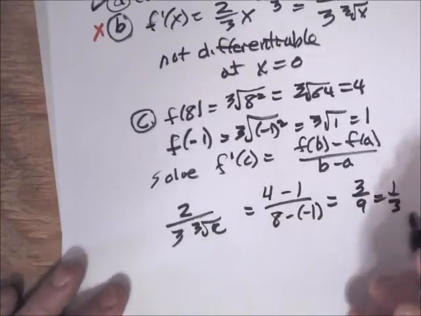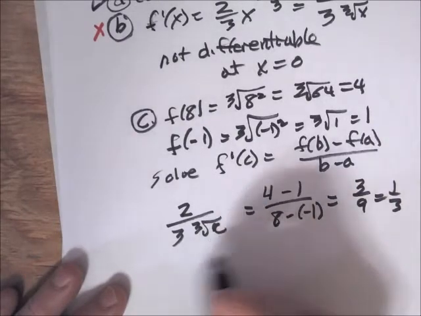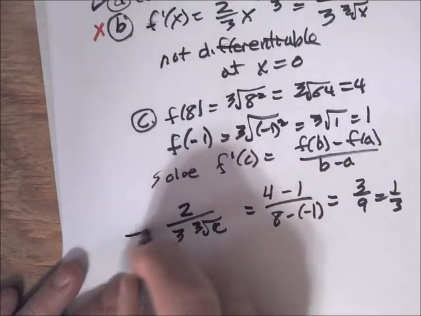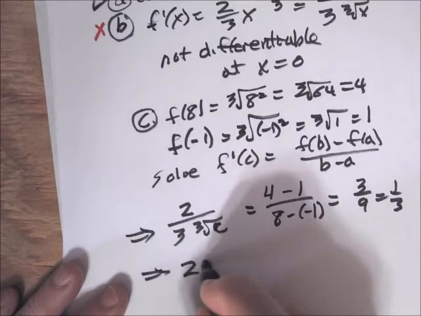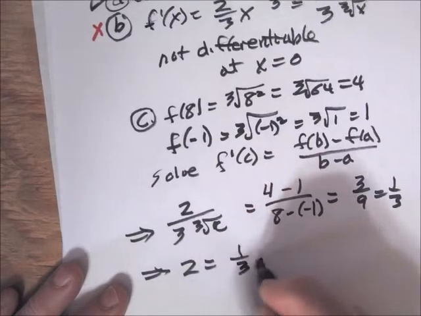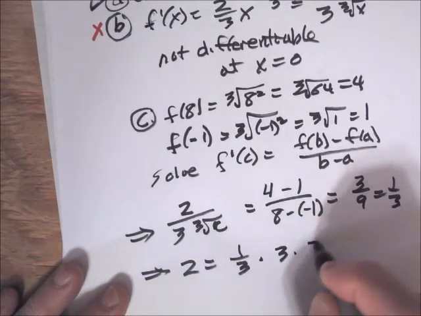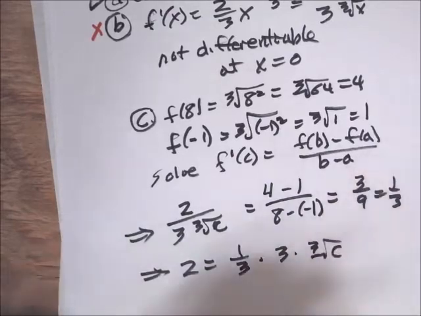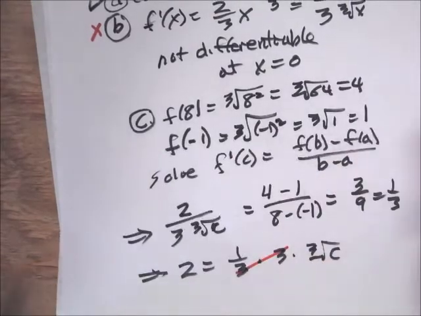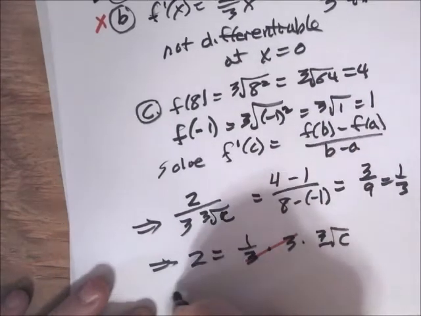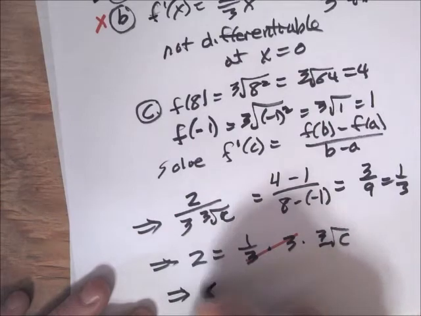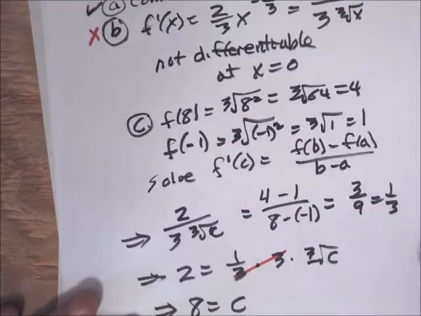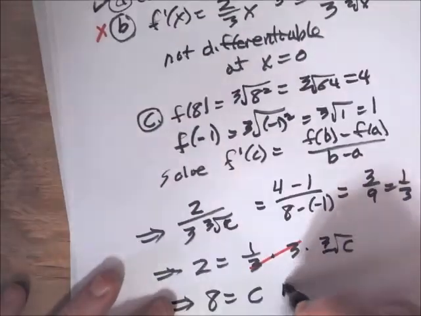So if we multiply both sides by 3 cube root of c, we get 2 is equal to 1/3 times 3 times cube root of c. 1/3 times 3 is 1. That cancels. And we have cube root of c is equal to 2. Cube both sides, and we get 8 is equal to c. But that's not in the open interval.